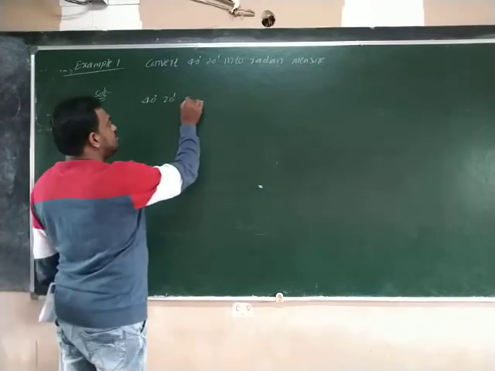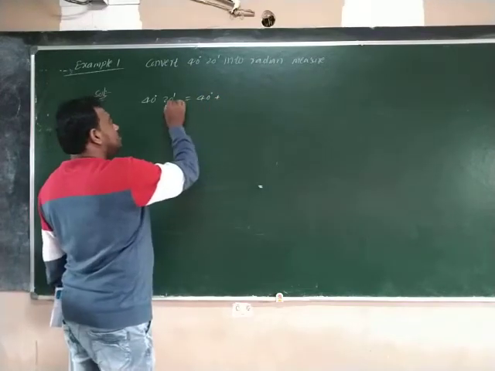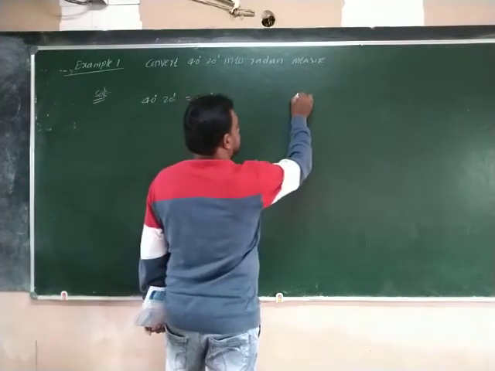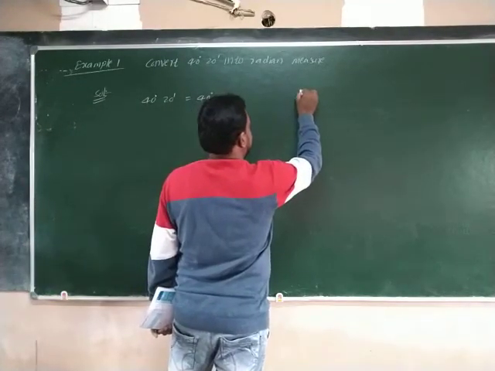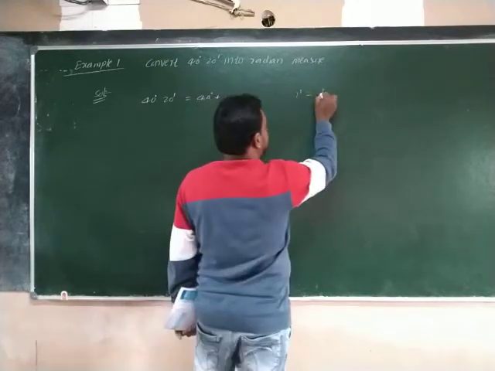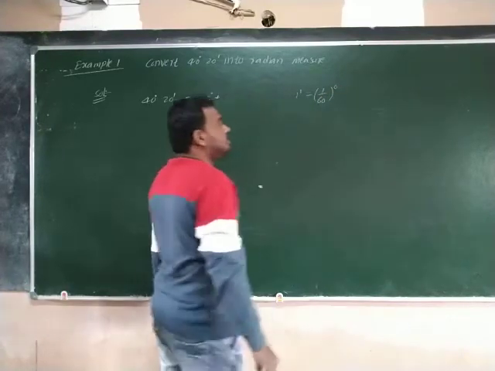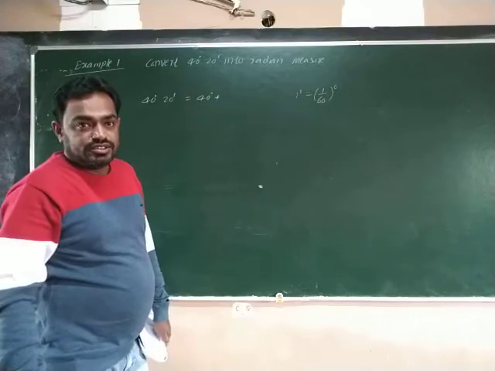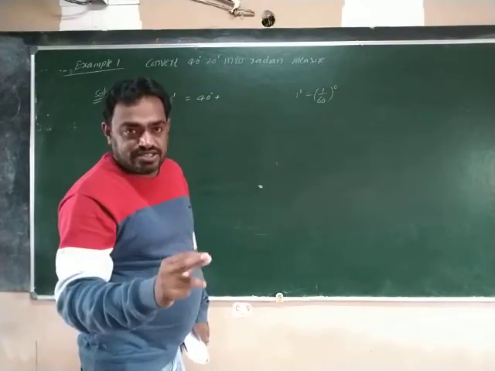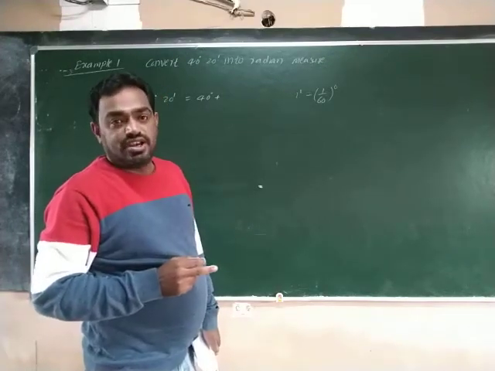So this is equal to 40 degrees plus 20 minutes. 1 minute is equal to how many degrees? 1 by 60 degrees. 60 minutes is equal to 1 degree, so 1 minute is equal to 1 by 60 degrees.